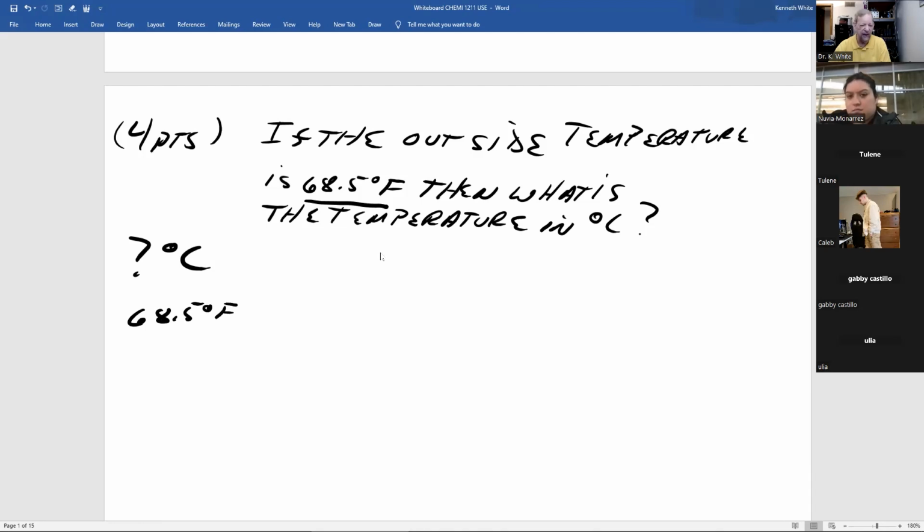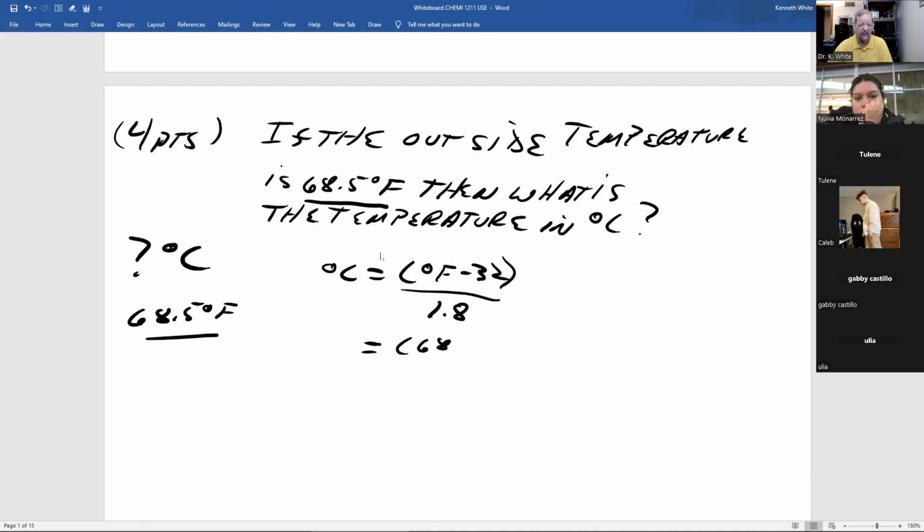And important information, degrees C equals degrees F minus 32 divided by 1.8. And what's degrees F? Well, we took the time to figure that out. 68.5 degrees F minus 32 divided by 1.8.